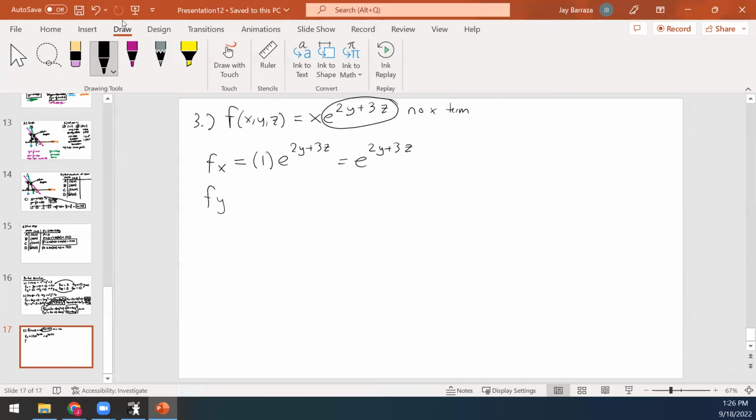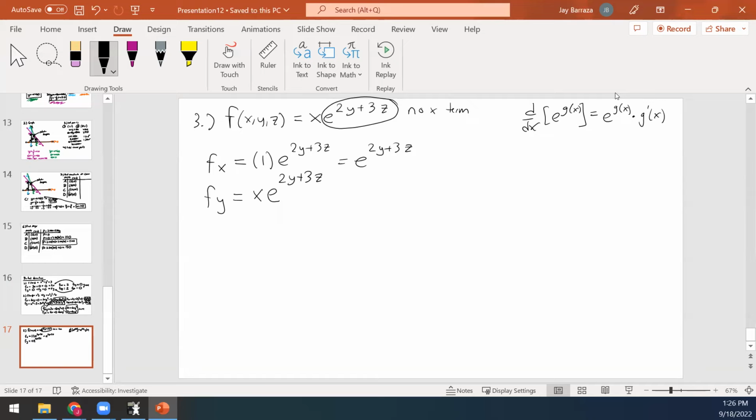Fy. So now we have to go into the exponent. So just to remind you, the derivative of an exponential with a function in its exponent is the original function times the derivative of the exponent. Okay. So to me, x is a number, no product rule. So I'm going to do x e. I just write down the original one.